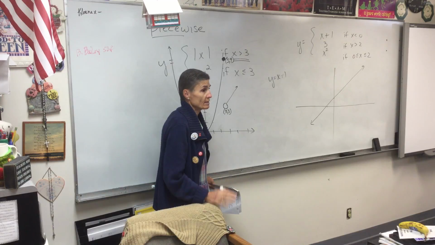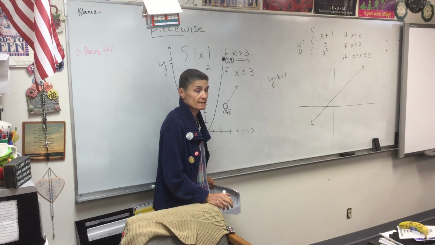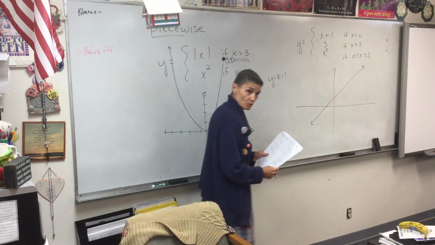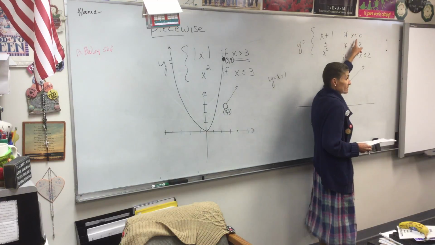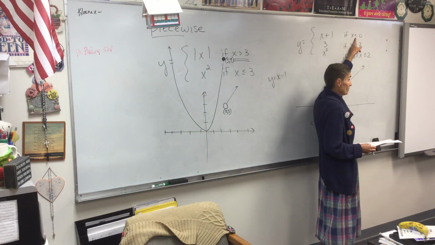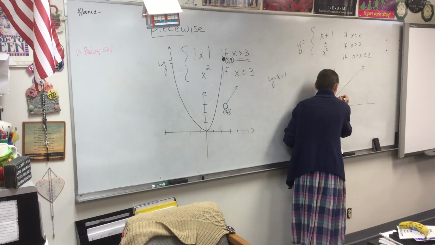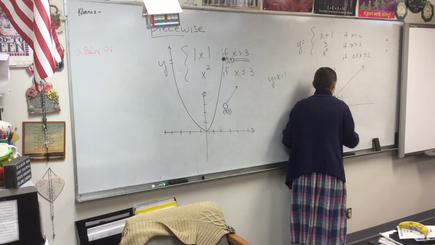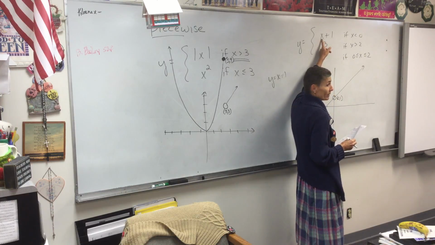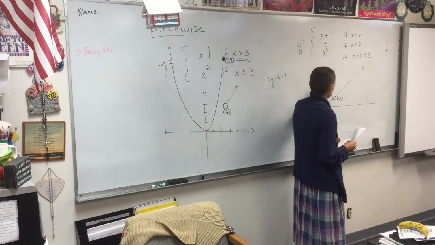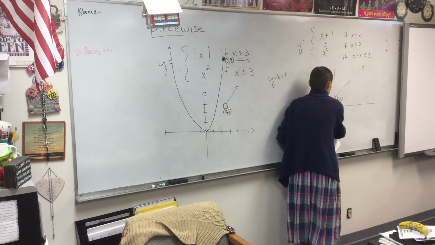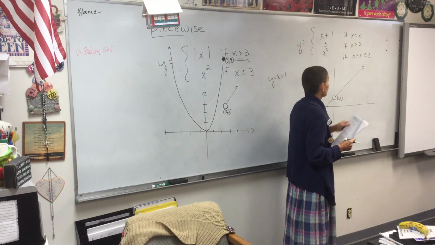I don't want the whole thing though. I only want a piece of it. What piece do I want? The piece that starts at 0. So if x is 0, y is 1. How do I know that? Put 0 in here. It gives you 1. Y is at an open dot.